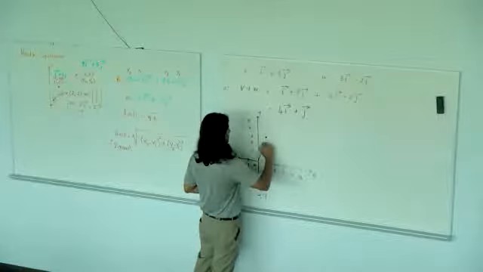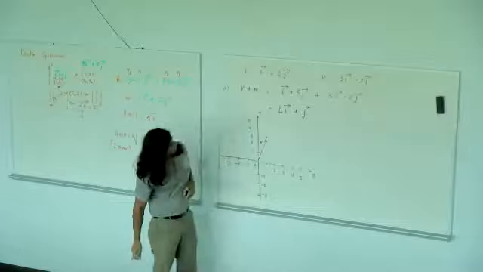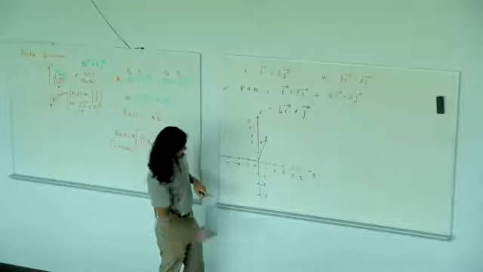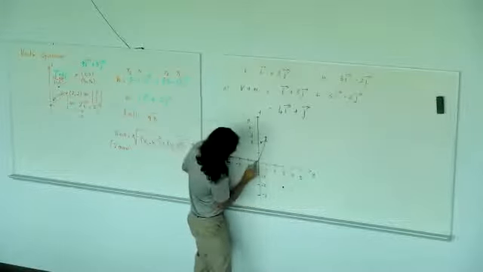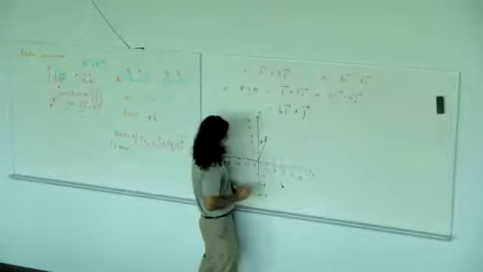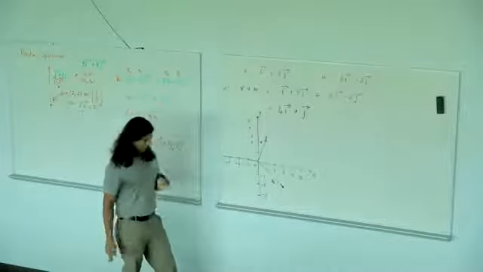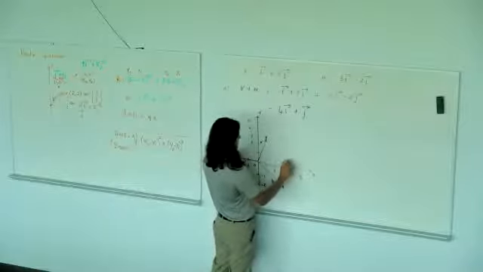That is A. And the other one, 3I minus 2J, it's right there. W. And the resultant vector is 4 and 1 there.